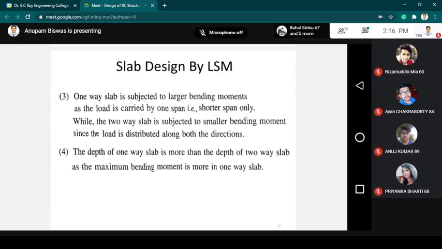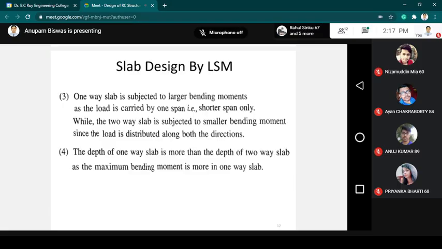Due to this one-way action of the slab, we see that the maximum bending moment is carried by the shorter span. For a two-way slab, when the distribution of the load is in both directions, the bending moment becomes smaller.